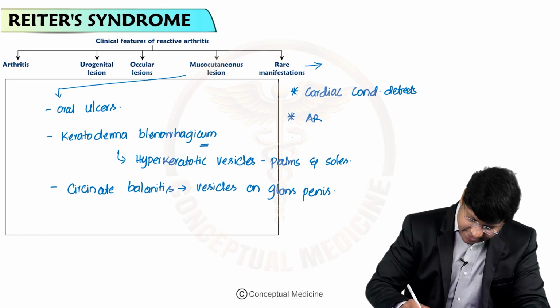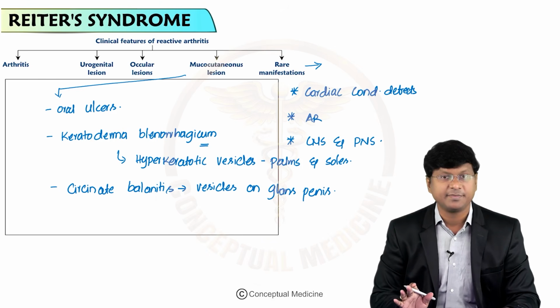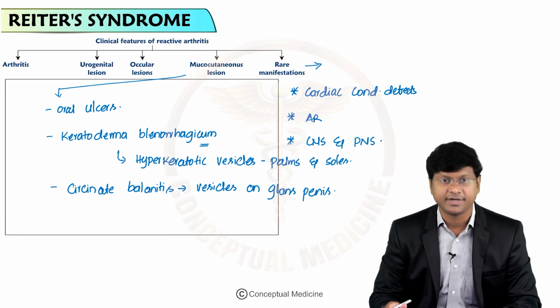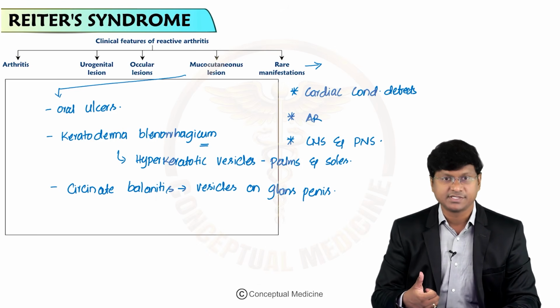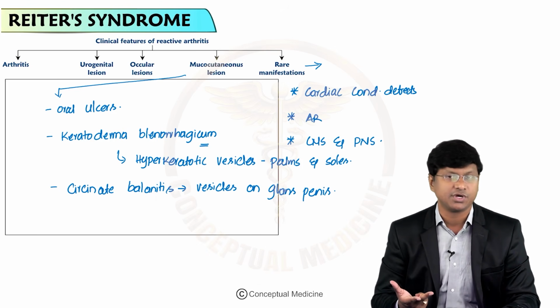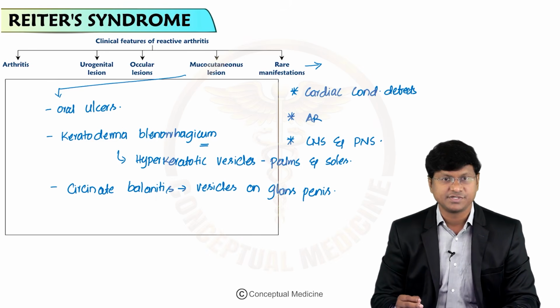Another important rare manifestation will be central nervous system and peripheral nervous system manifestations. So this is about the rare manifestations of Reiter's or reactive arthritis. Most common will be asymmetrical arthritis, followed by urogenital lesions, ocular lesions, mucocutaneous lesions, and then some rare manifestations.